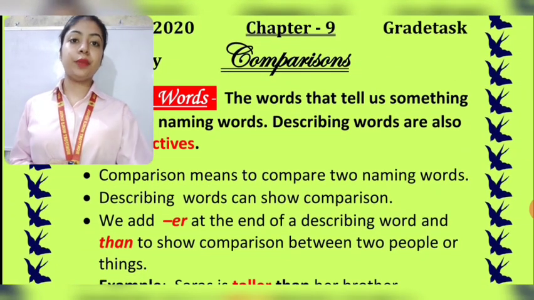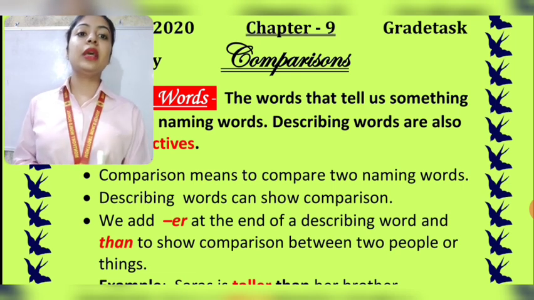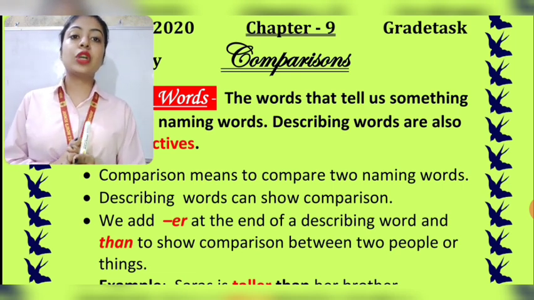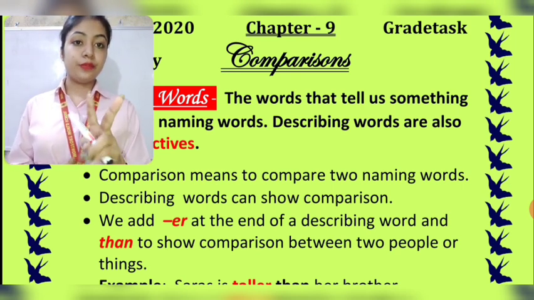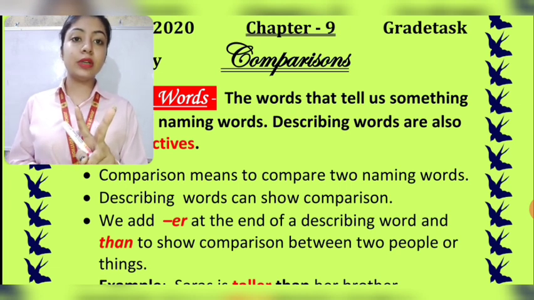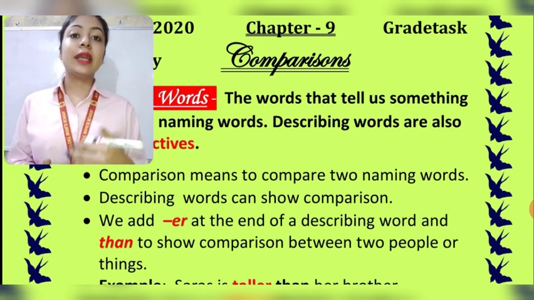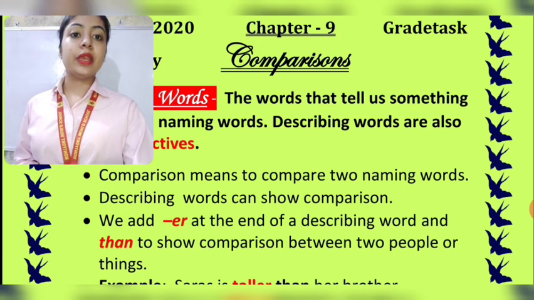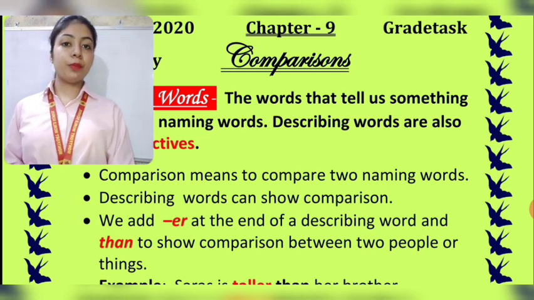There are some important points you have to remember. Comparison means to compare two naming words. When you have to compare two naming words, that time we use these comparative adjectives. Describing words can show comparison.